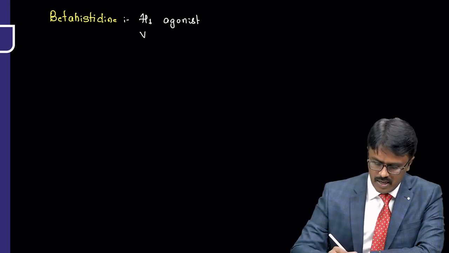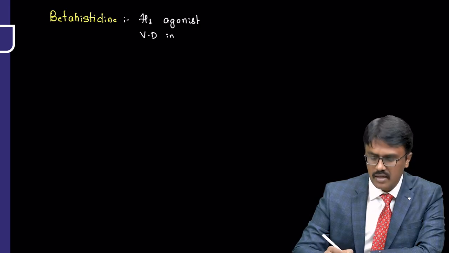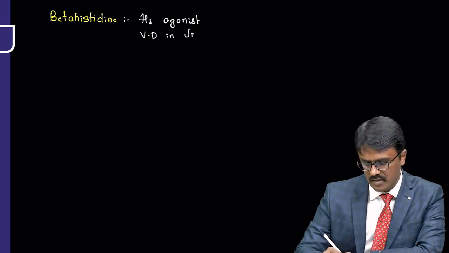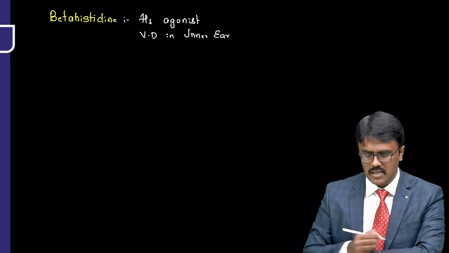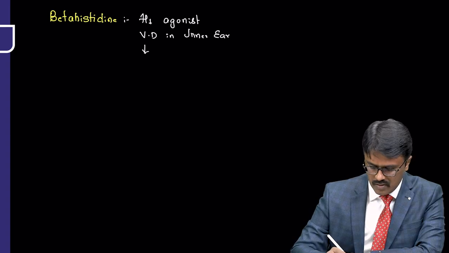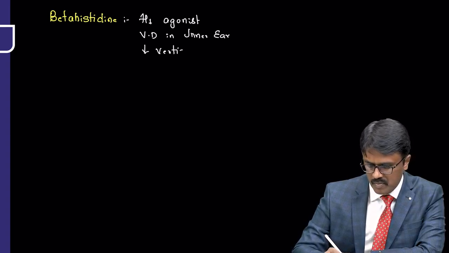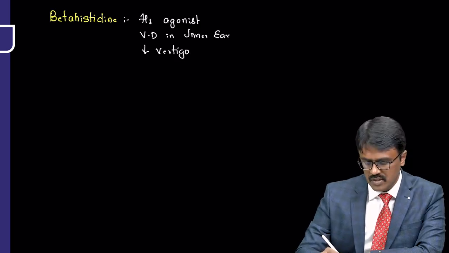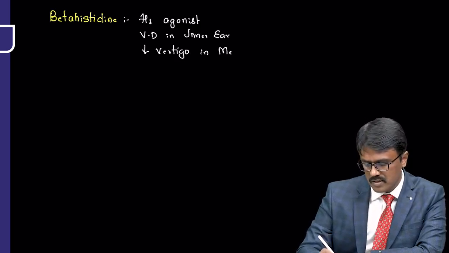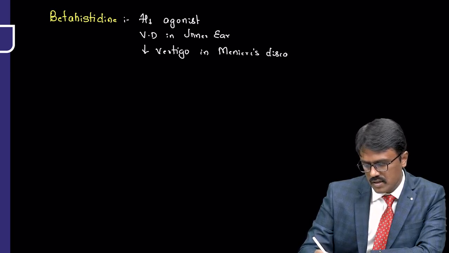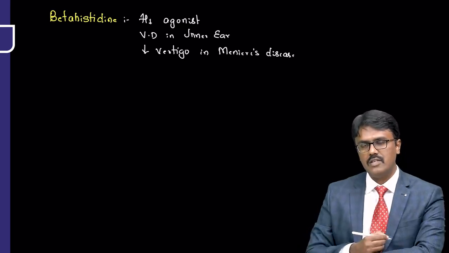Second, it causes vasodilation in the inner ear. So in the inner ear, that is the vestibular apparatus, it causes vasodilation and it has been shown to decrease vertigo. Particularly vertigo is seen in which disease? In Meniere's disease. So in Meniere's disease, the drug is known to decrease vertigo.